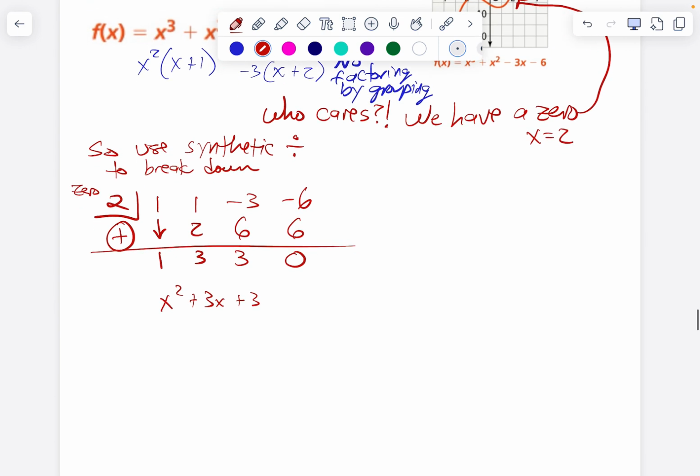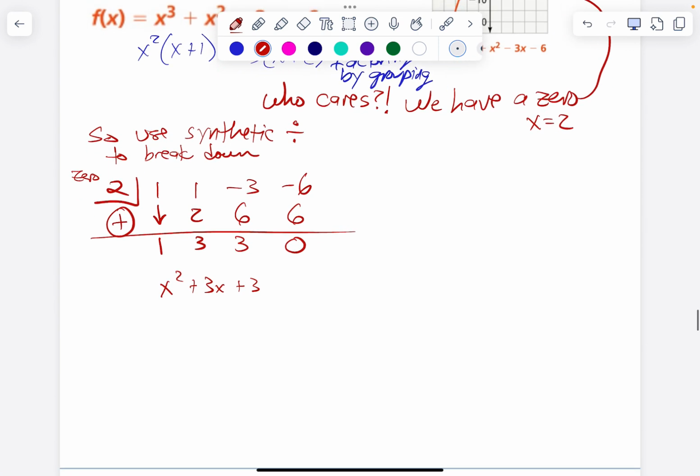Okay. We need to know the other two factors of this thing. Is this factorable by star? Are there factors of 3 that add up to 3? There's only 2 factors of 3, 1 and 3.